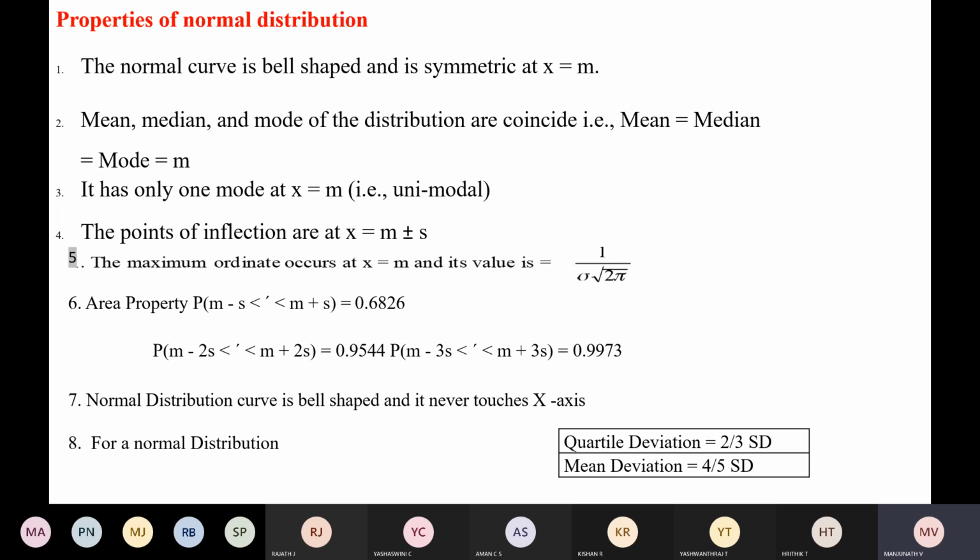Because mean is equal to median is equal to mode. Therefore, it is called a symmetric distribution.